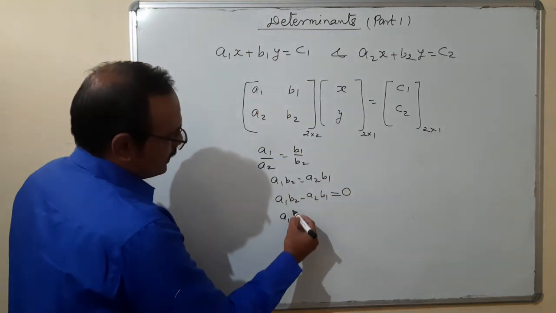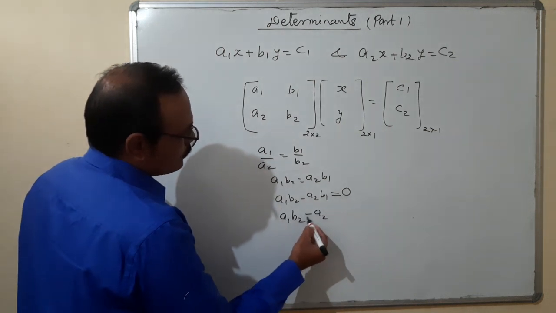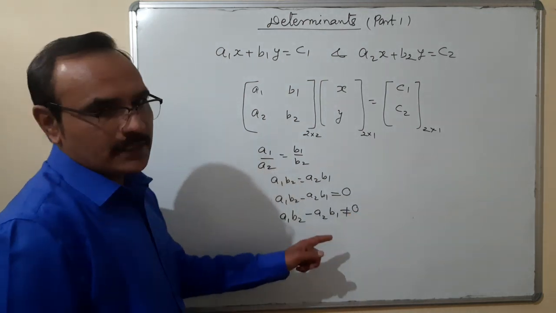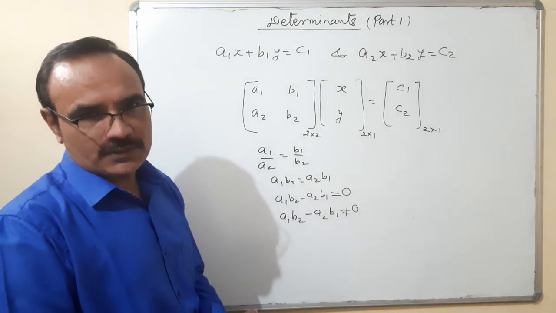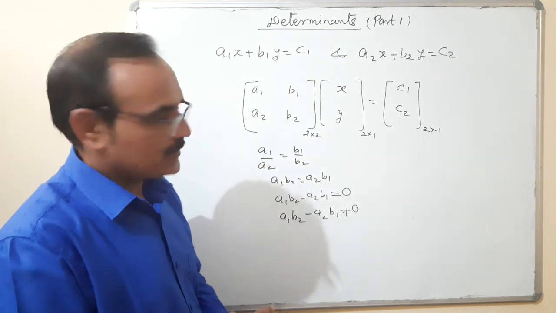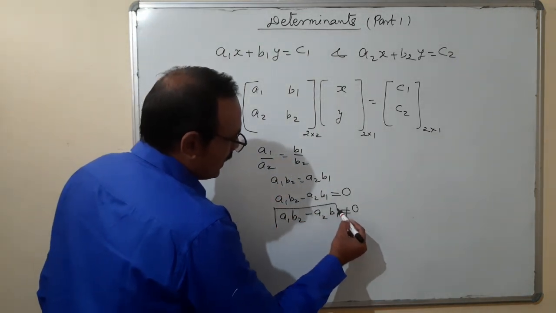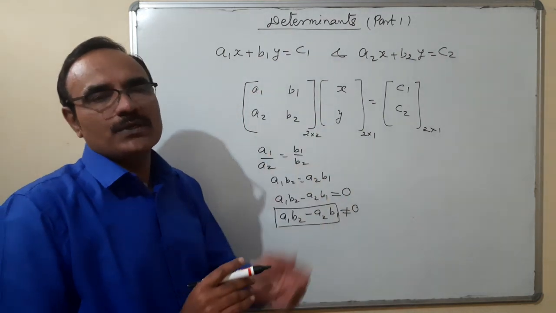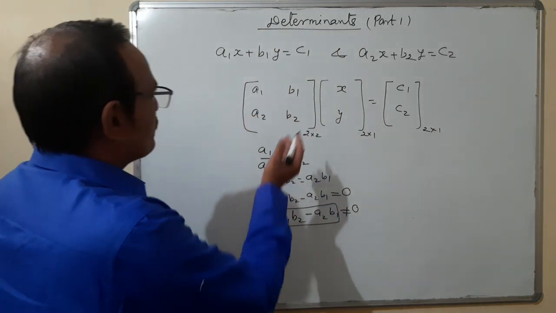And if a1 b2 minus a2 b1 is not equal to 0, it determines that this system of linear equations has a unique solution. That means it shows the uniqueness of the pair of linear equations. So the part a1 b2 minus a2 b1 determines which type of solution these linear equations have. This is the part which is derived from this.